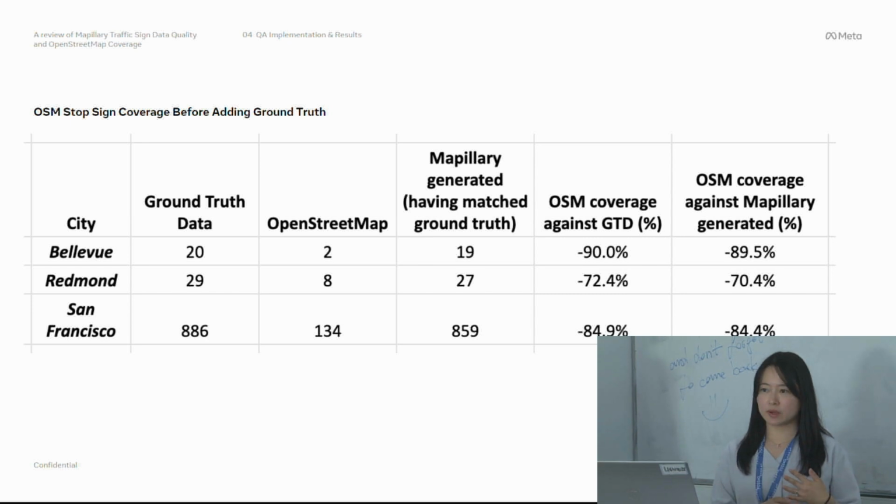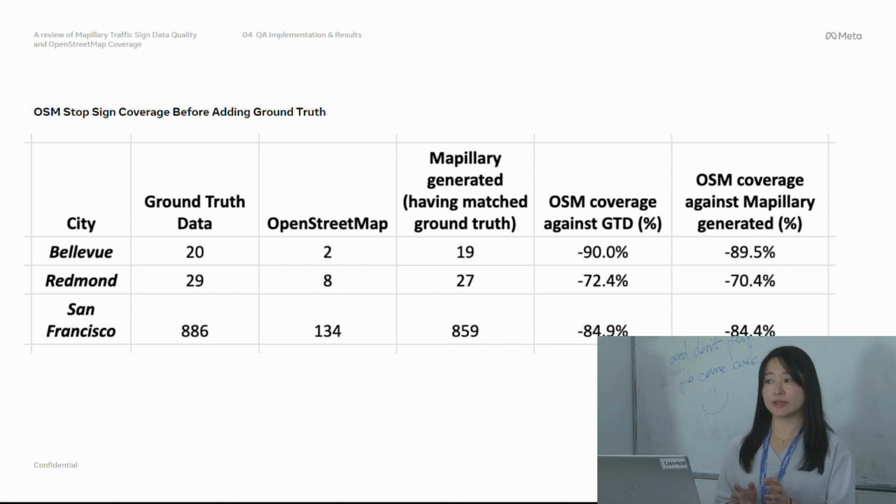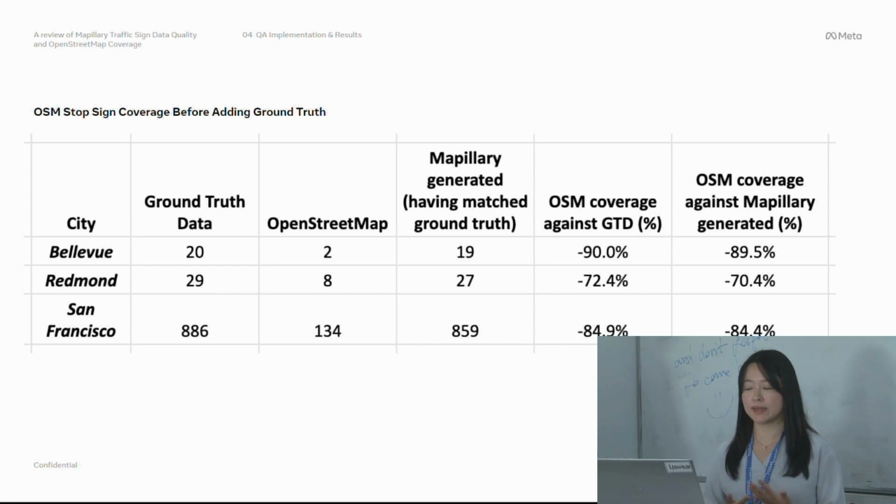If you remember the workflow, the next step, after we get the result measurements, is we conflate the data and push to OSM. But before pushing the data to OSM, we always do an OSM coverage check to find out how much data is missing on OSM and how we can improve open data.